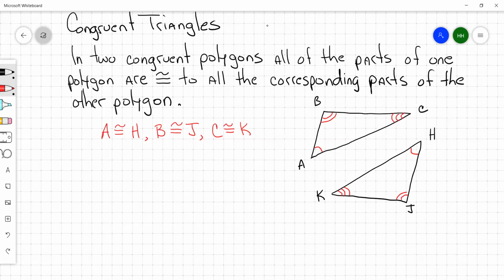Now, if side AB is congruent to side HJ, they will each have one tick mark. And if side BC is congruent to side JK, then they will both have the same number of tick marks, in this case 2. And then if CA is the same length as KH, they will both have 3 tick marks.